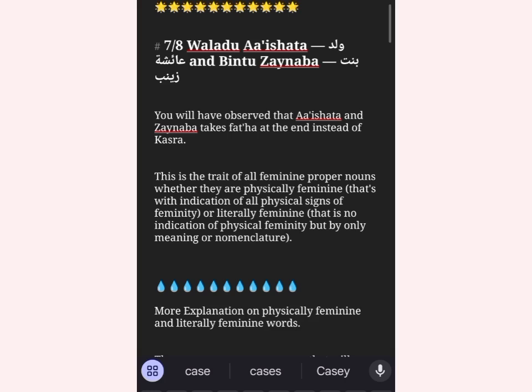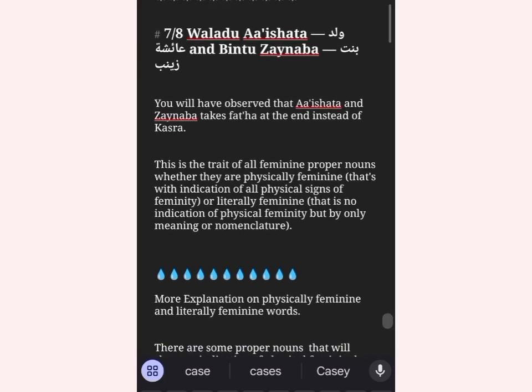By physical outlook, by structure, they do not look feminine, but if you look at their meaning, what they refer to is feminine. So we call this set feminine by meaning, as opposed to feminine by structure.